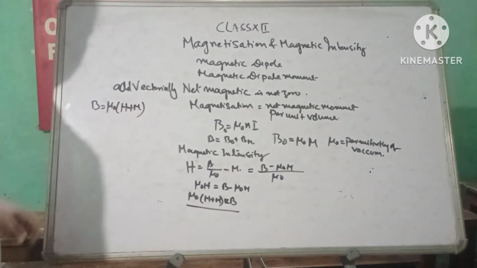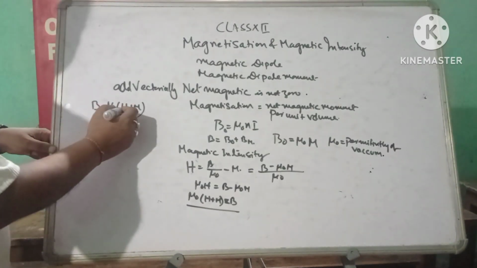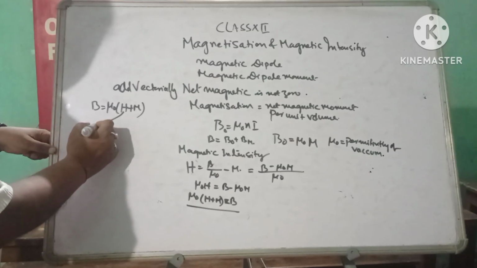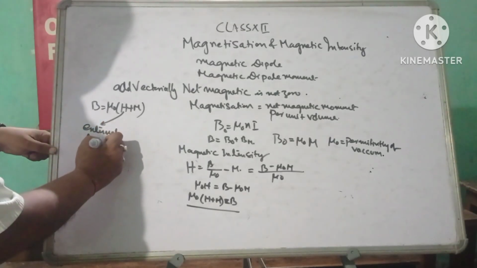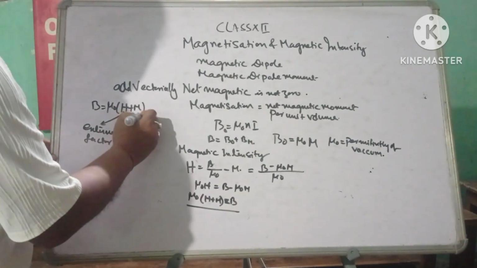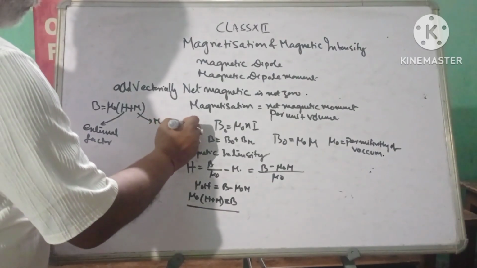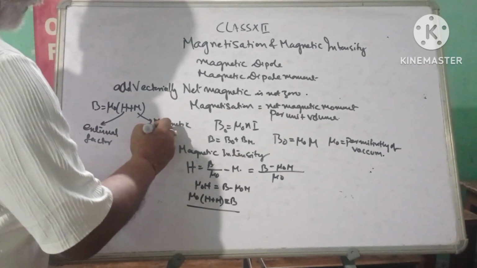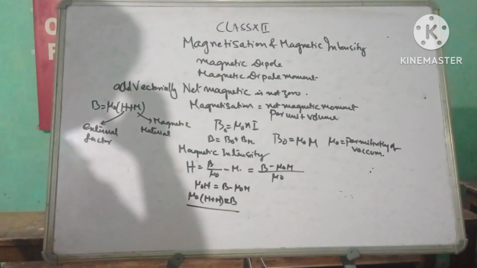This is the result. That means the total magnetic field is caused due to the external factor. What is the external factor? That is the current flowing through this solenoid, and M is because of the magnetic material inside the solenoid.